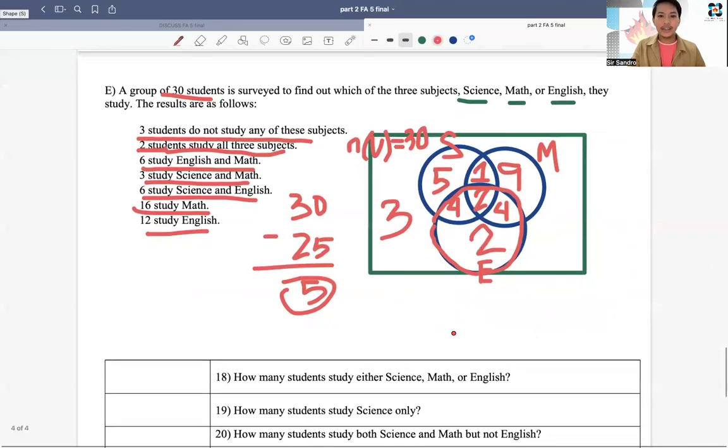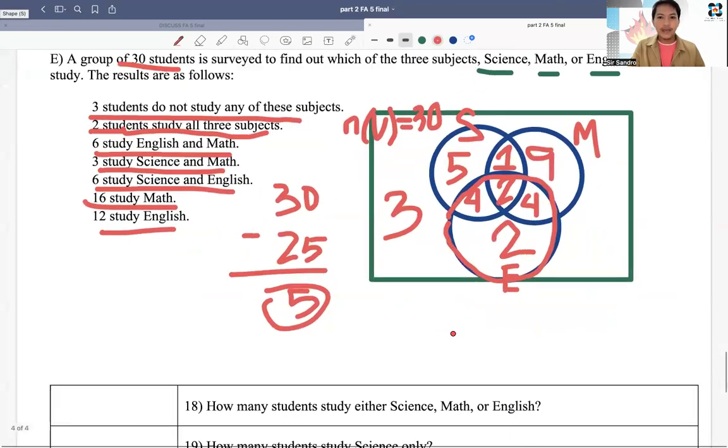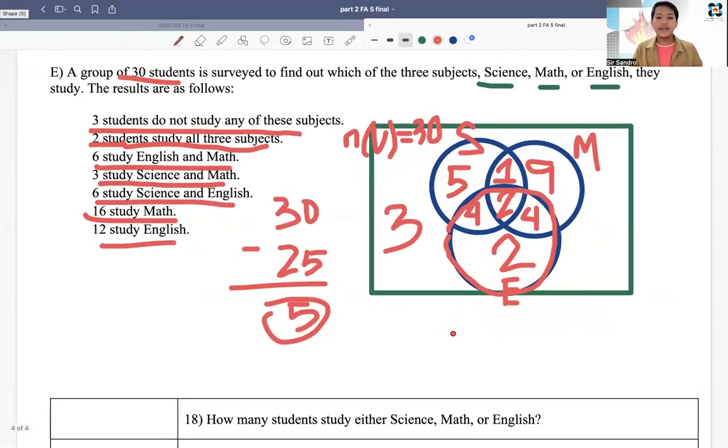For number 18, how many students study either science, math, or English? It means you have to combine. The keyword here is or. That's union. You have to combine all of these. Okay? And the shortcut would be 30 minus 3. The difference is the union of science or math or English.